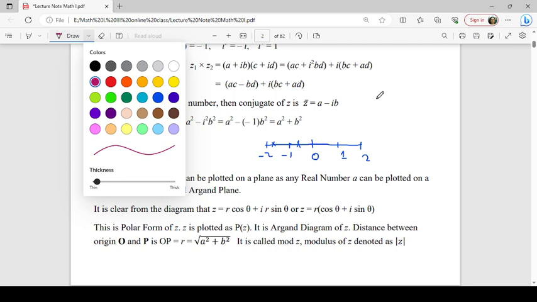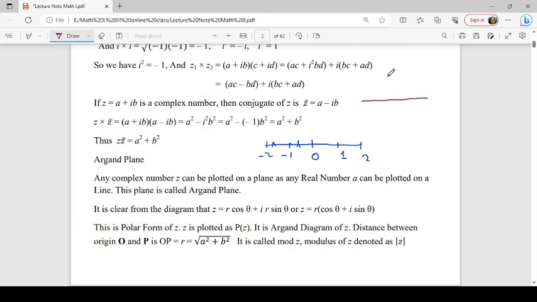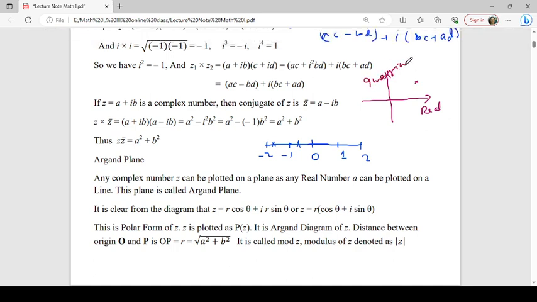If this is the plane, any point on the plane can have some location with reference to this one. So here this is the real line, and this is imaginary or complex.